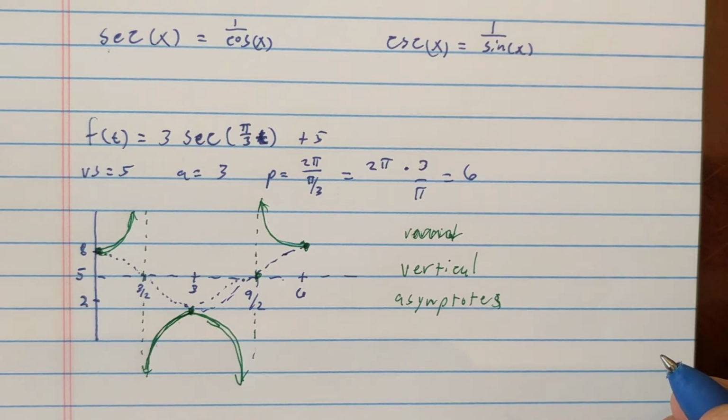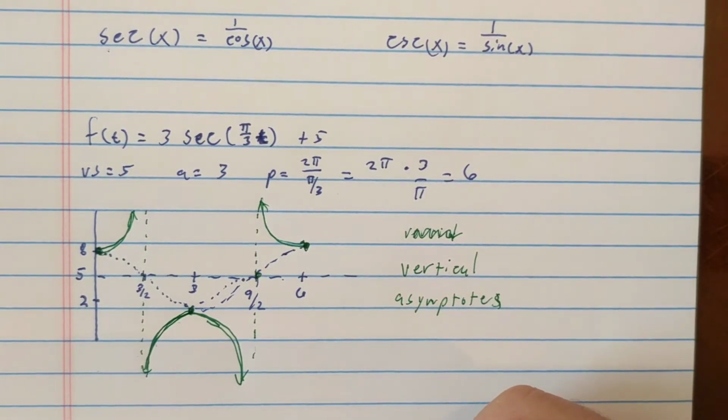Vertical shift is +7. Amplitude is -2. So that means this starts at 7. It's going to go up to 9 and down to 5. There we go, everything's kind of in there.